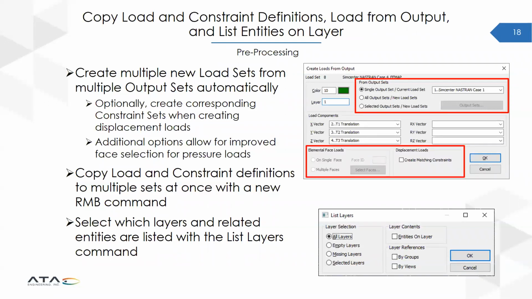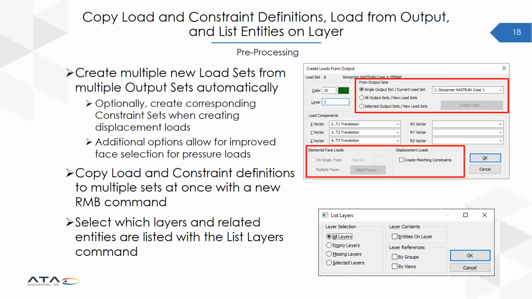There's also an option if you're, for instance, creating load sets based on displacements so that you can have enforced displacement constraints. There is a new option to automatically create corresponding constraint sets based on those displacement load sets. And there's also additional options for improved phase selection during pressure loads.